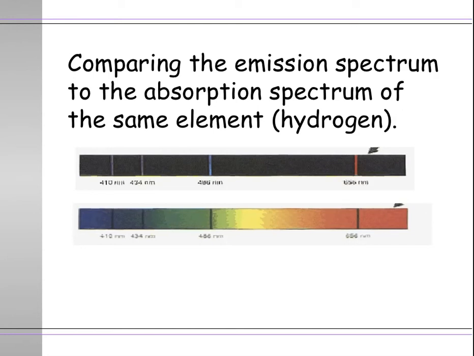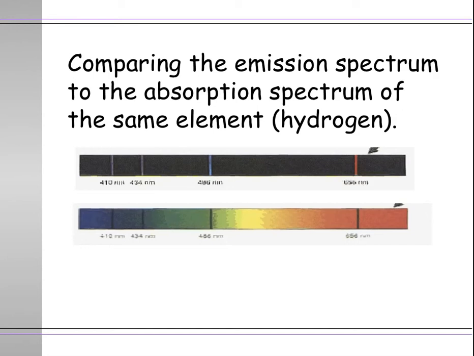So this is the same spectrum of the same element, but one is being observed using a prism, so you have the full rainbow but a few voids, and the other one is visible using the diffraction grating, so most of it is black or voids and just a few lines.